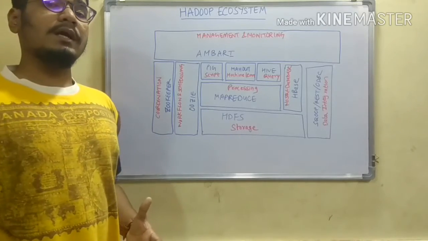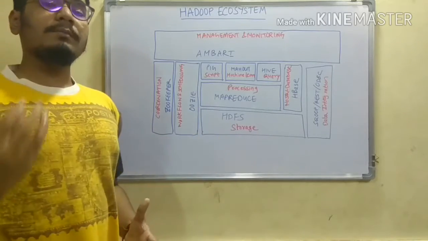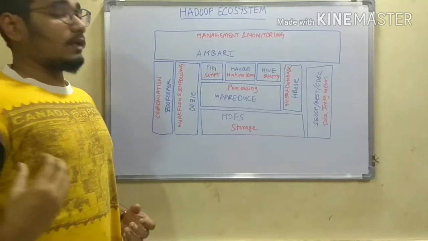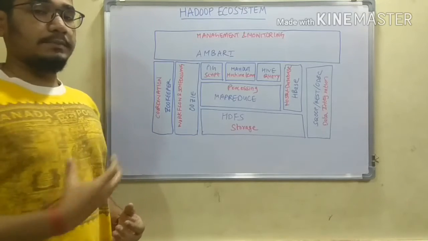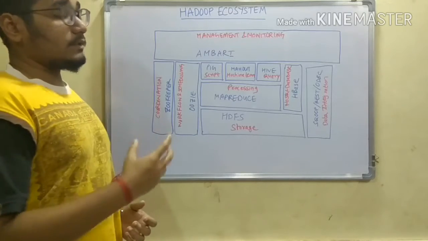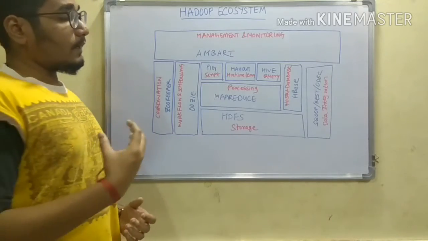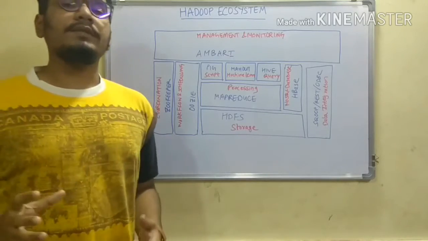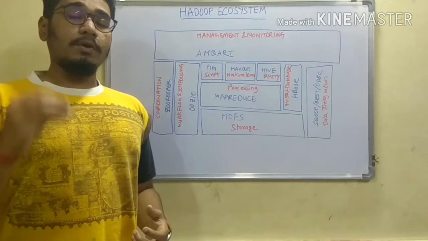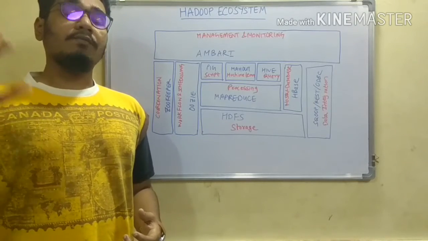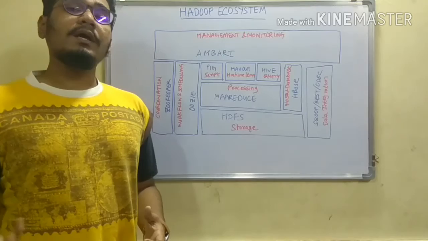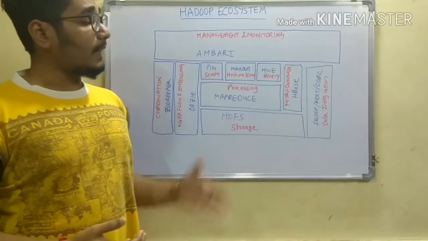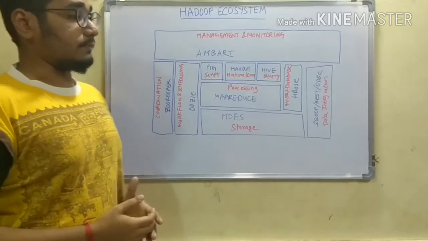HBase basically stores data in a column-oriented format. Mainly HBase has two components called the HBase master and the region server. The HBase master will schedule all of the small jobs onto the region server at whichever region they have to execute, and this region server in turn will process the data and return it back to the HBase master.